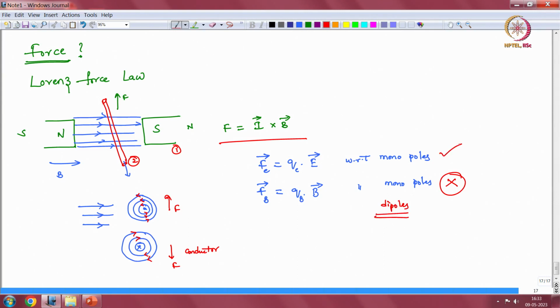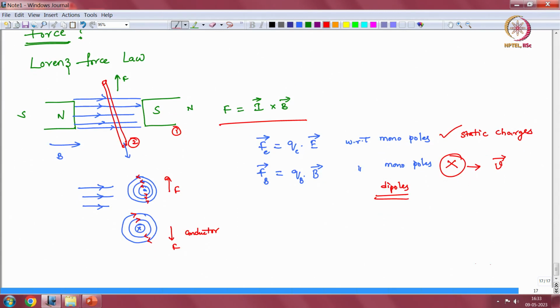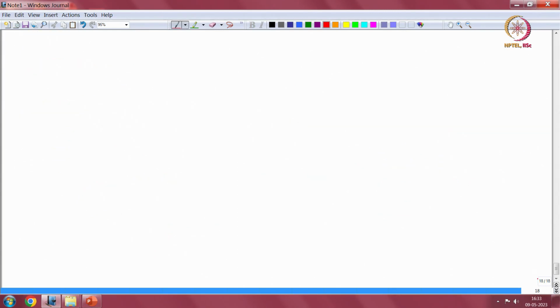And one more thing here, this equation is valid for static charges only, and this equation should incorporate the moving charges, where the charges are moving with the velocity v, right. Okay. Consider a charge Q B which is moving with a velocity v.